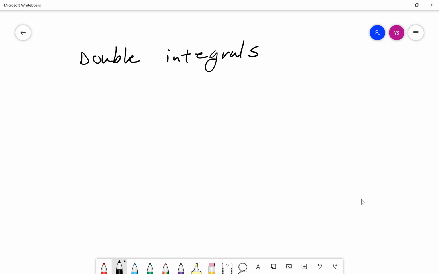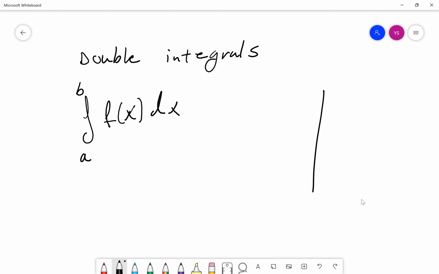Okay, so double integrals. We know from Calc 1 what a single integral is, let's say the integral of f of x dx, from some bounds a to b. The intuition behind this is that we are in 2 dimensions.